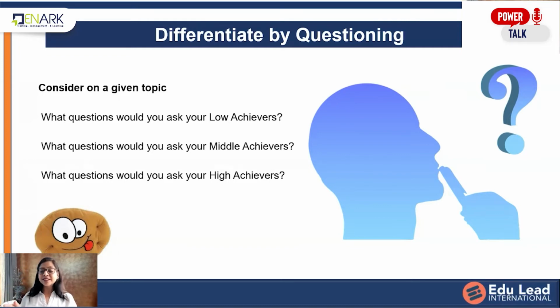But if it's vice versa, if you ask a difficult question to this child, then this child's self-esteem will go down and the child will not be feeling good about himself or herself. So therefore, he or she is not now prepared for learning. So therefore, differentiation by questioning is the easiest way by which you can integrate differentiated instruction in your classroom.